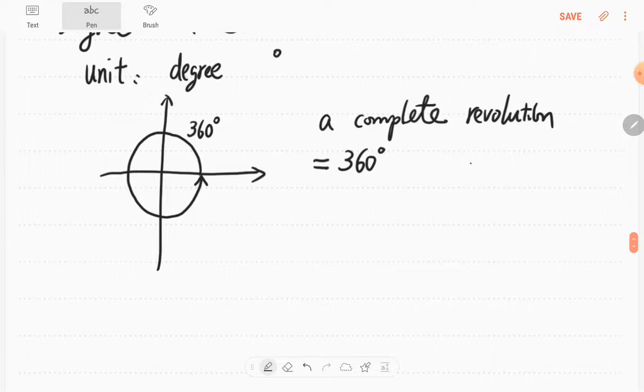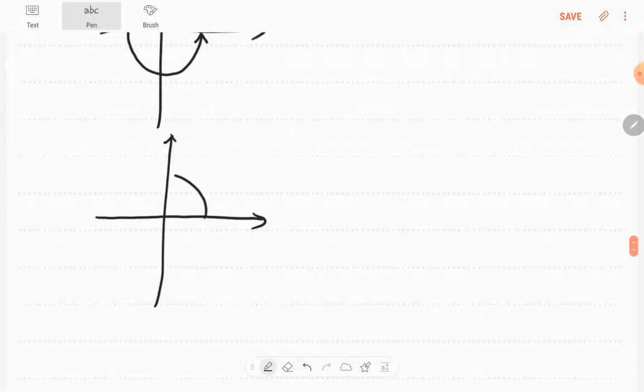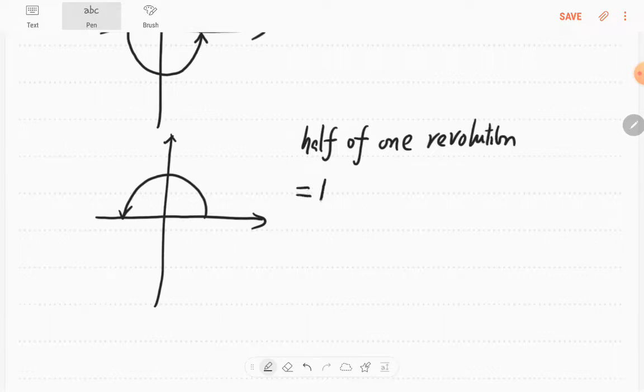Then half of a revolution looks like this, from here to here. Half of one revolution equals 360 degrees divided by two, so it would be 180 degrees. So here is 180 degrees.